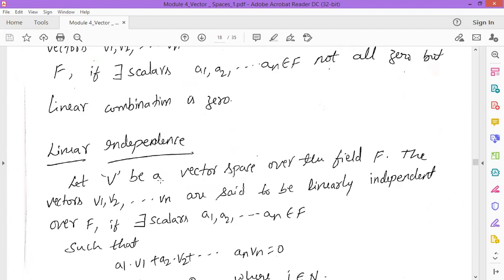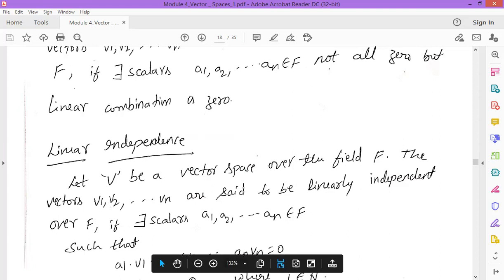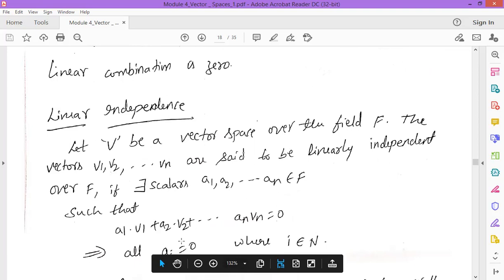And the next one is linear independence. In order to identify whether the given combination of sets is independent or not, we can consider V1 up to Vn, which are said to be linearly independent over the field F if, for A1 up to An belonging to F, the combination A1 V1 plus A2 V2 and so on equal to 0 holds only when the scalar quantities A1, A2, A3 and so on are all equal to 0.